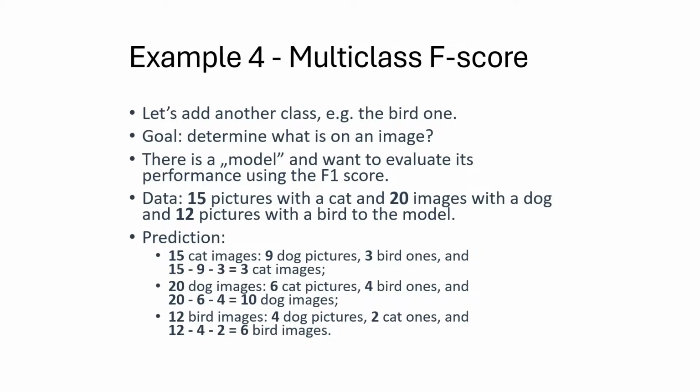The dataset contains, once again, 15 images with a cat, 20 images of dogs, and also 12 images with a bird. So now we have much more data. Now it's not a binary problem.